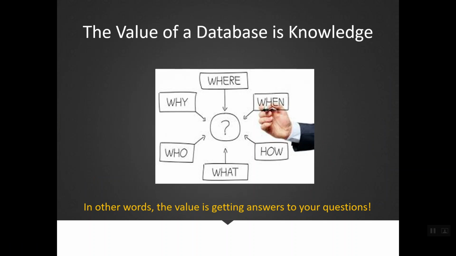All right, so we talked about the value proposition of a database. It's knowledge. We put data in, we can get knowledge out. Once the data is loaded, we can ask questions: why, where, when, how, what, who. All of these things make up what we need to weigh in making an informed decision.